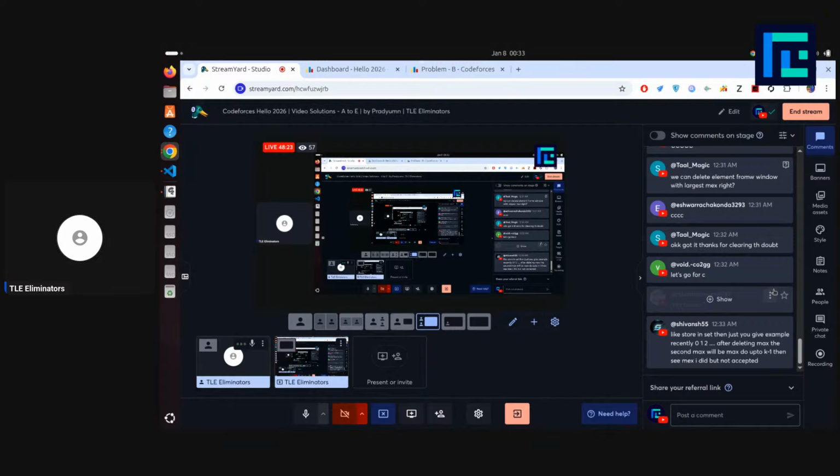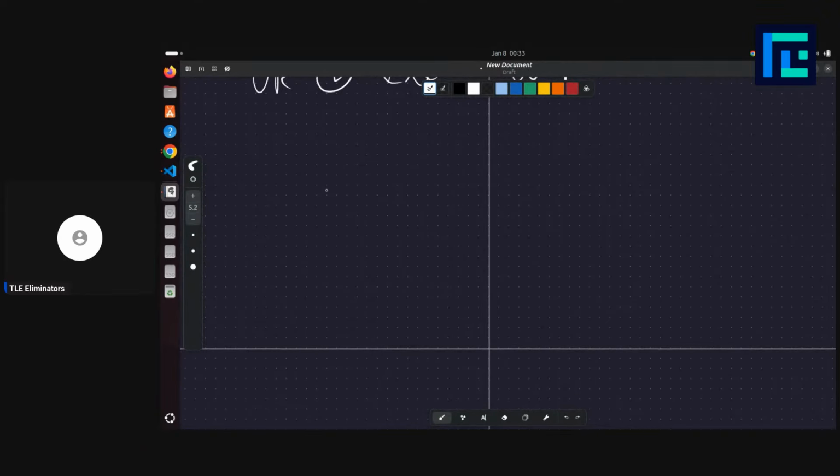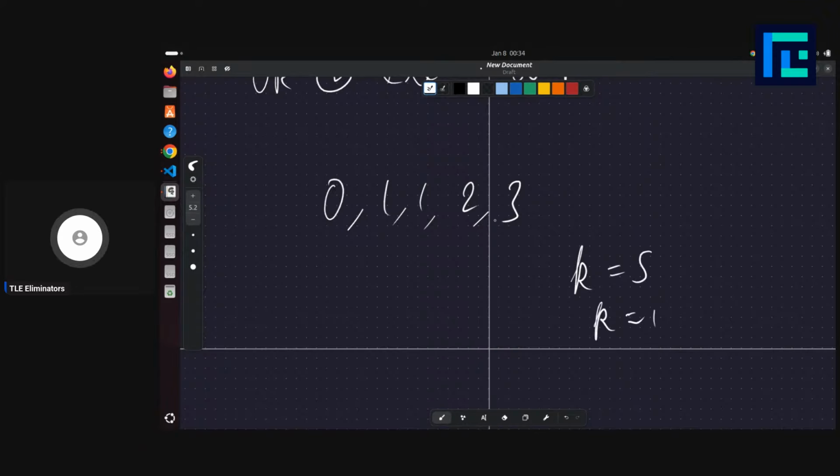Store in set, then after deleting max, the second max will be max, go up to k minus 1, then see max. It's, I guess, not necessary that it is correct because let's say if you have k is equal to 5, so your k minus 1 is 4, so you will do it one time on this, so you will delete the maximum element and you will get the max which is 3.